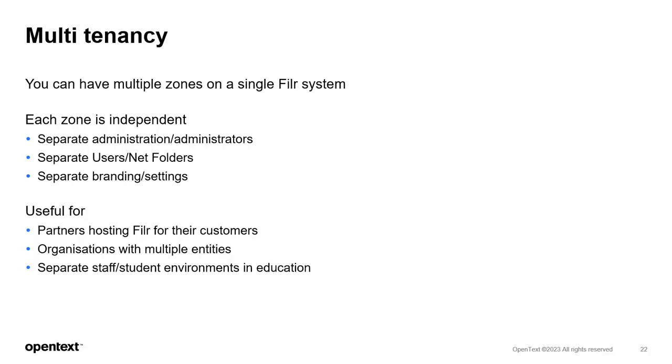So this is quite useful if you're planning on hosting Filr for multiple organizations, if you want to split students from staff in an educational environment, or indeed if you've got an organization where you've got multiple public facing entities and you want, for instance, NetIQ, you want to have Micro Focus, you want to have OpenText, all with their own branding and setup. So that's something that we can do with multi-tenancy.